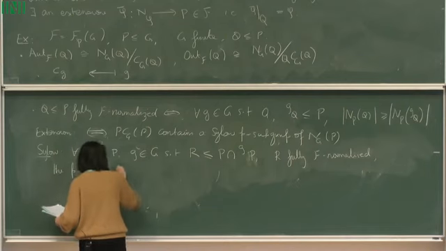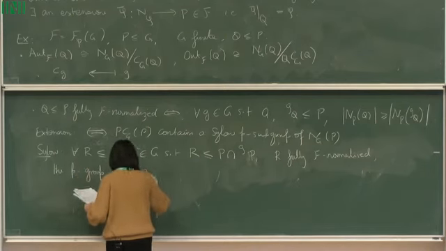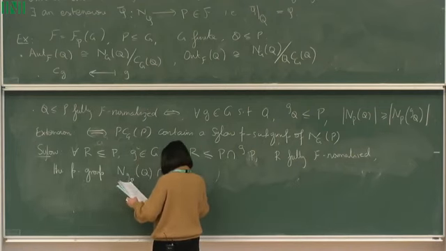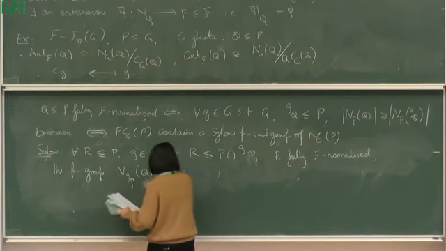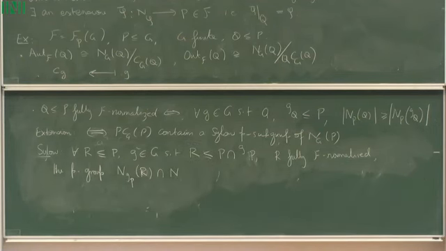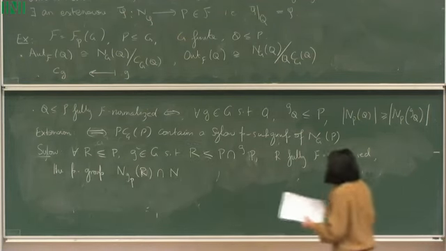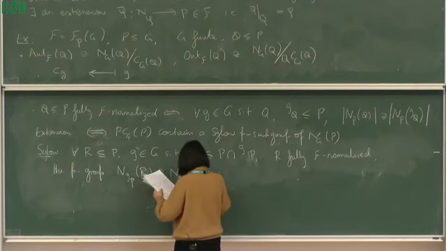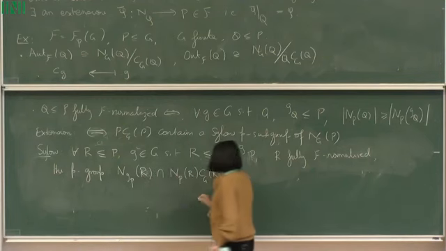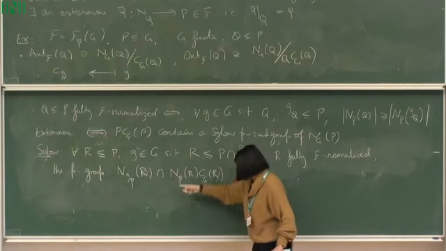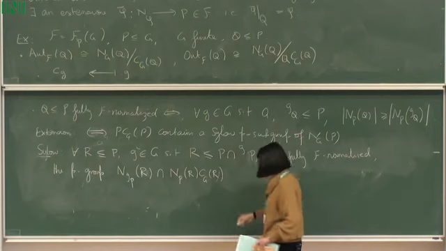So this is the normalizer in gP of R inside the normalizer in P of R C_G(R). So this is a p-group, and you take the intersection with this N_P(R) C_G(R).